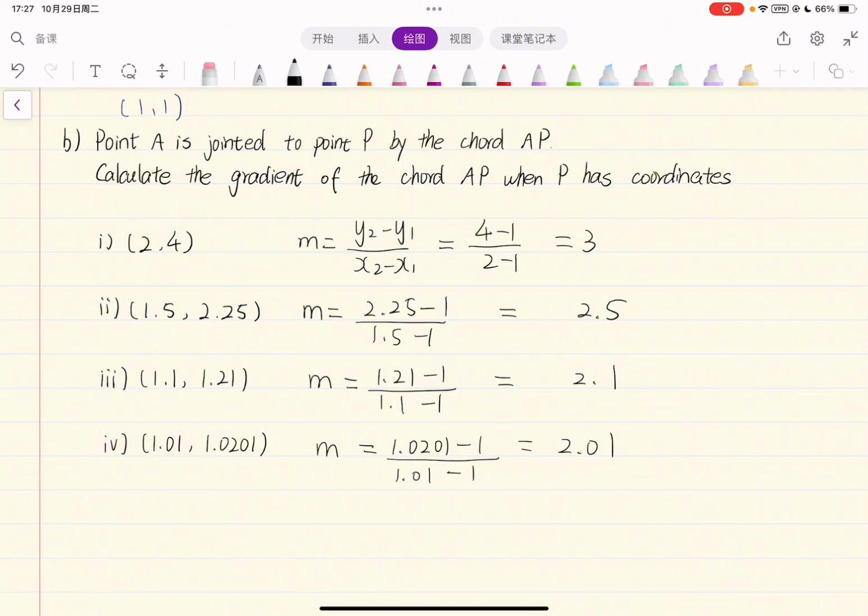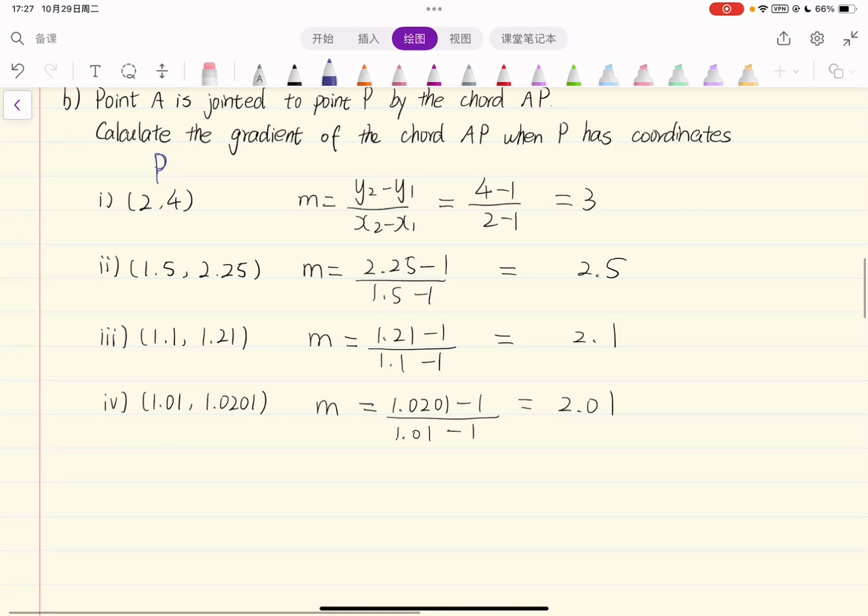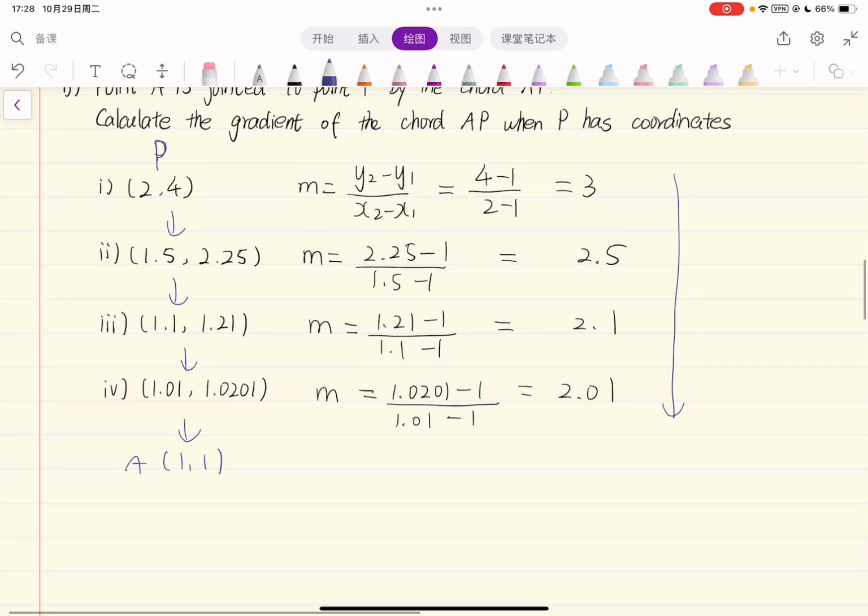As you can see, as P gets closer to the point A, that is 1, 1, the gradient of the chord AP also gets closer to the gradient of the curve at A, that is 2.